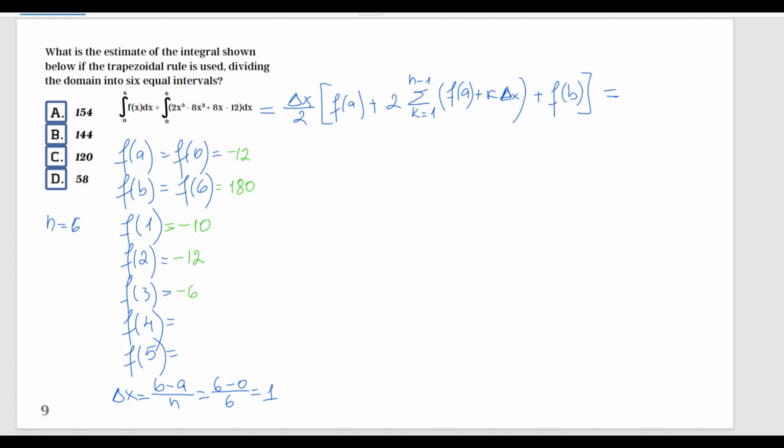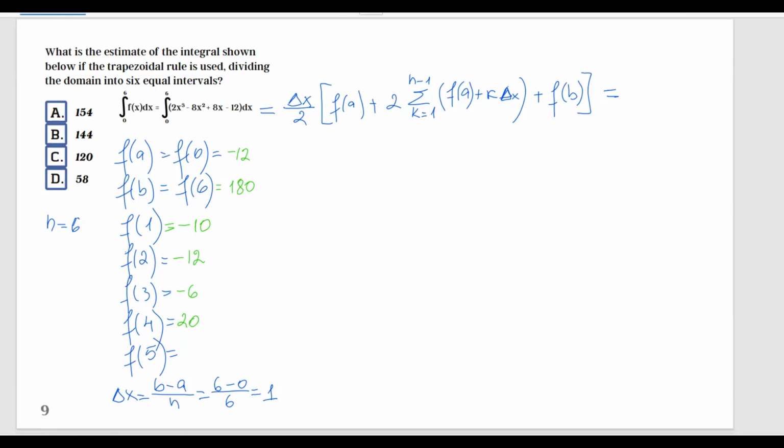Let's move forward. f of 4, 4 power 3, 64, 2 multiplied. 4 power 2 is 16, multiplied by 8. Then we subtract. Then we have 8 multiplied by 4, 32. 12 minus is 20. So f of 4 gives you a value of 20.